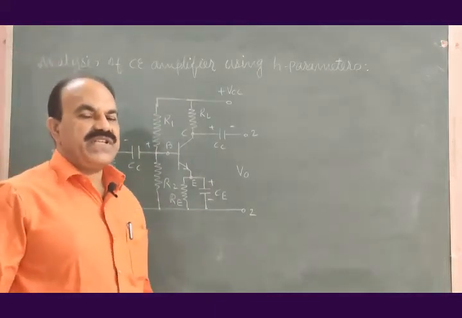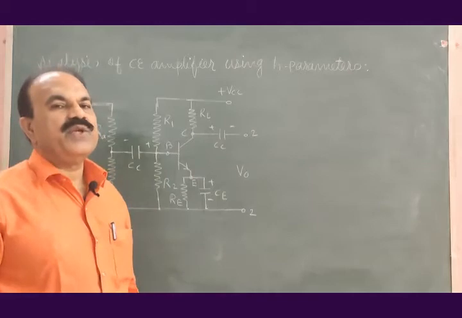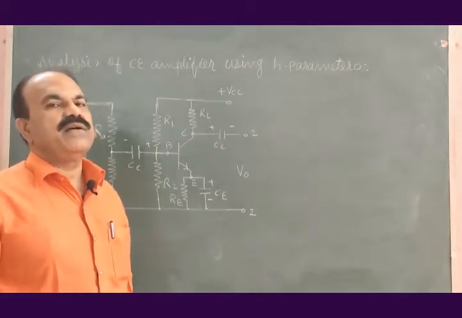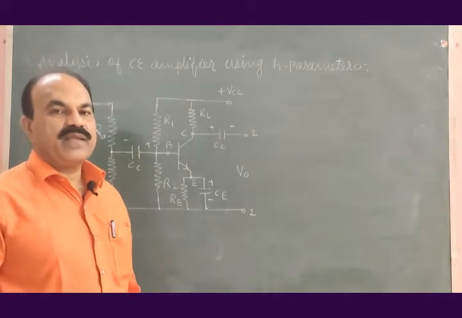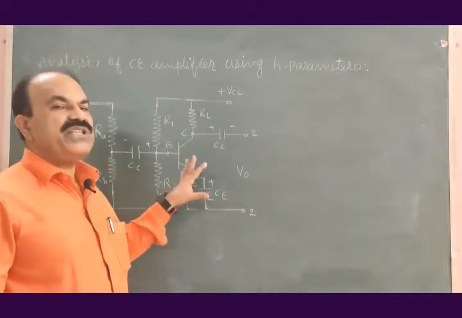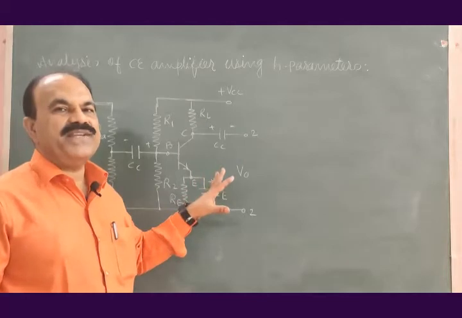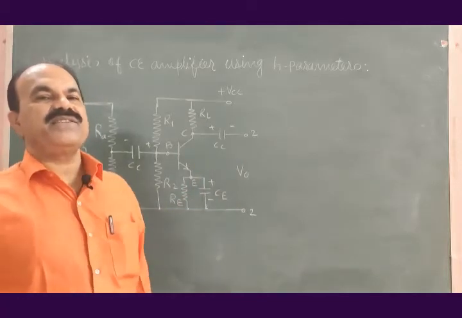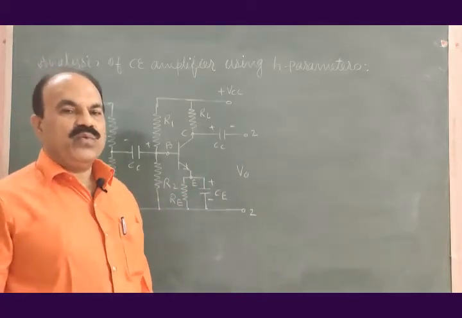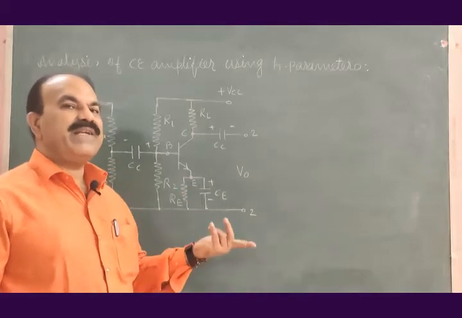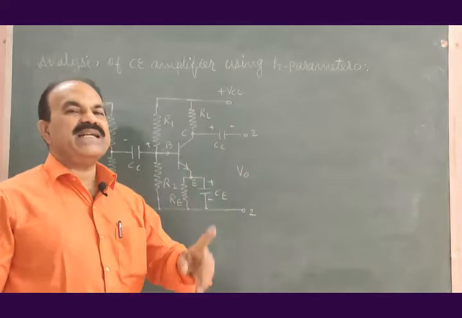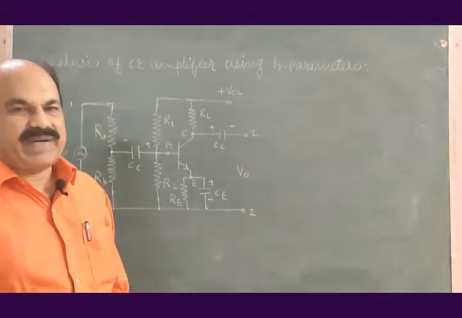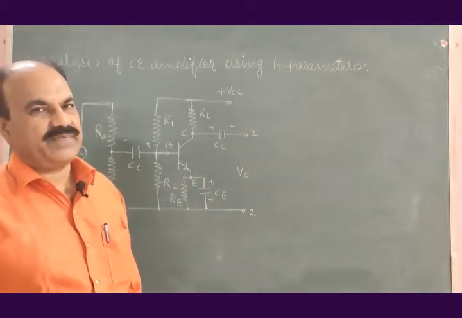Whenever we analyze any circuit using H parameters for AC voltage and currents, we have to redraw this circuit as an AC equivalent circuit. We are going to make use of H parameters for analysis of this amplifier. We shall call that circuit the H parameter equivalent circuit.